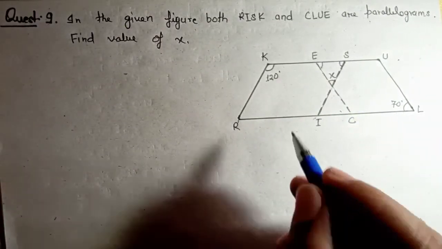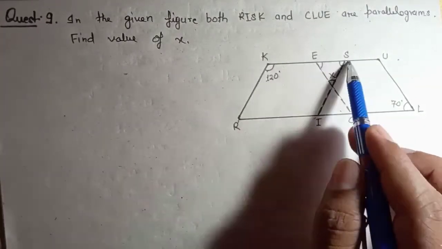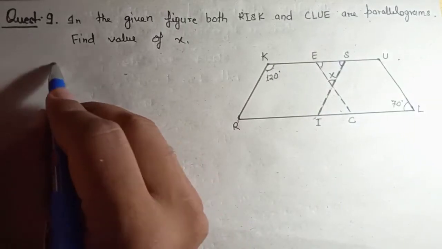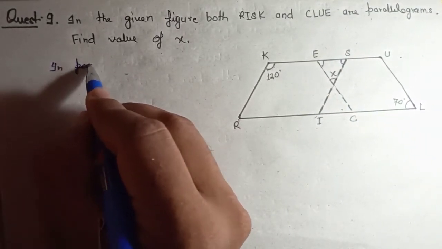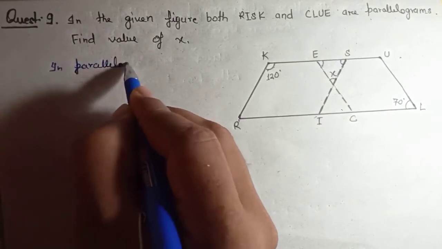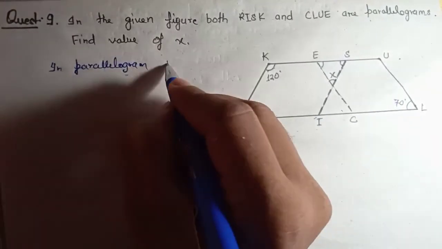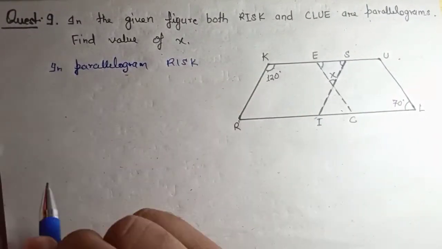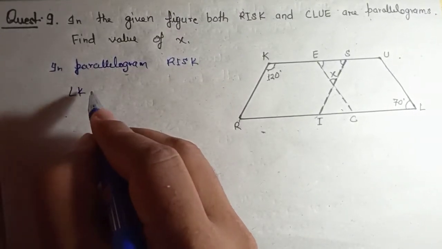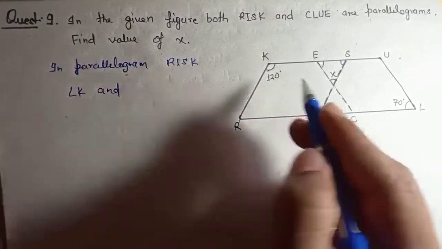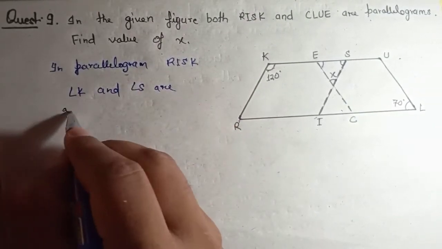Angle K and angle S, they both are adjacent angles. So first, in parallelogram RISK, angle K and angle S are adjacent angles.